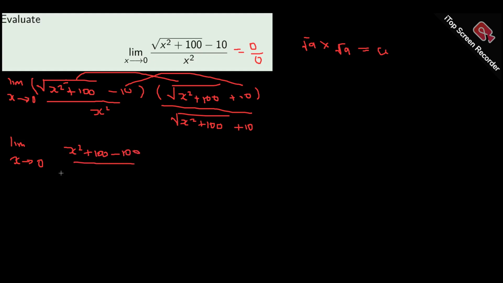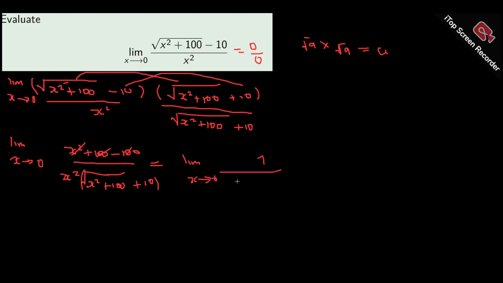Then the denominator is going to be x squared multiplied by the root of x squared plus 100 and plus 10. So this one and this one, that is 0. This just means that the limit as x approaches 0, the numerator is just x squared.